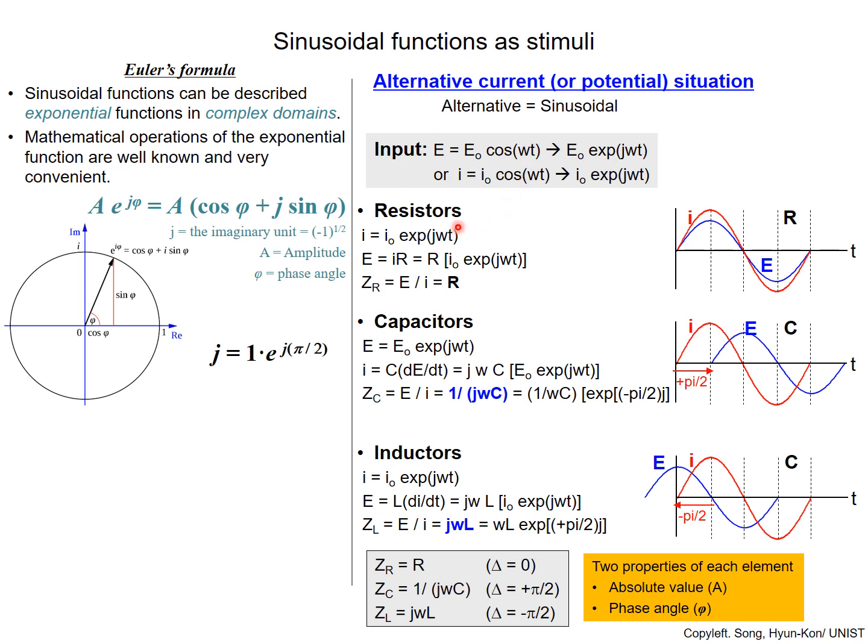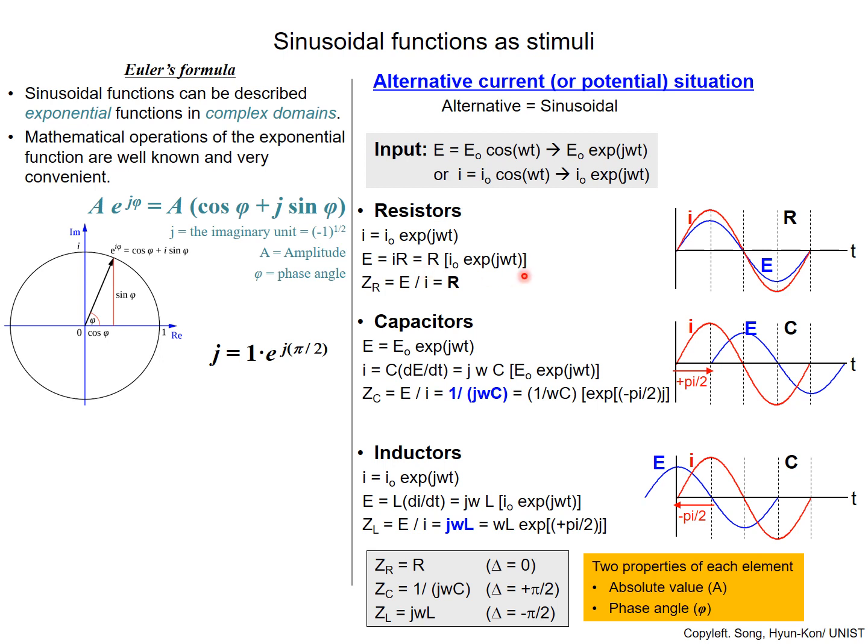So for the resistors, let me assume that the current is the exponential function of j omega t with the amplitude I0. Then what is the potential in this situation? The potential is equal to IR by Ohm's law, and I is here.